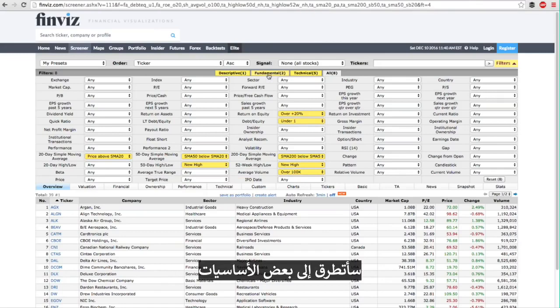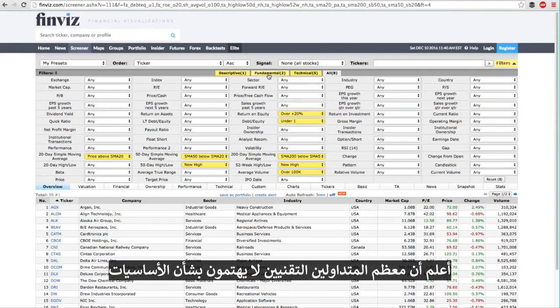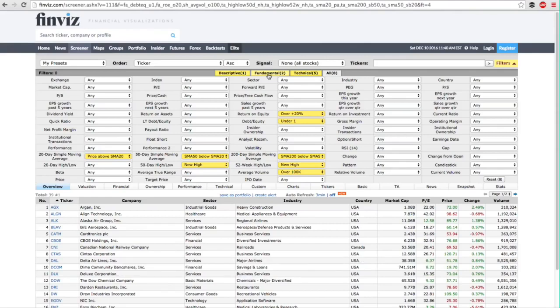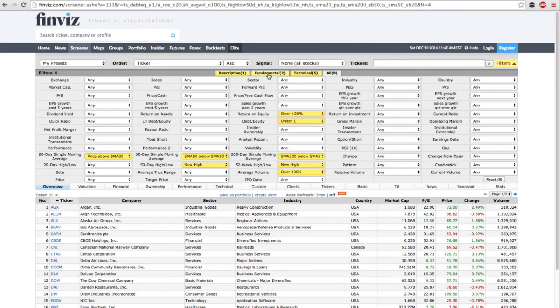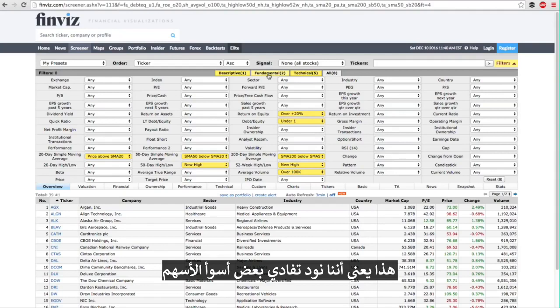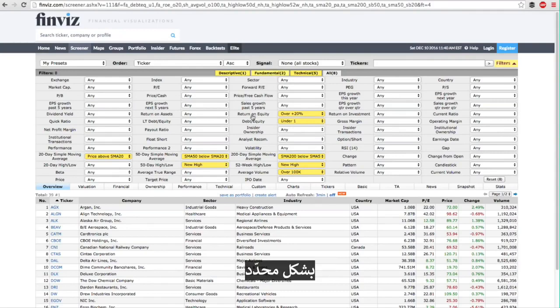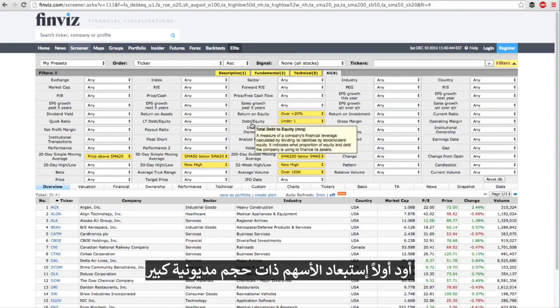Next, I'm interested in some fundamentals. I know that most technical traders don't care about fundamentals, but we're looking for the best breakout stocks. That means we want to avoid some of the worst stocks. So how do we do it? Specifically, I first want to eliminate stocks with a really high debt load.